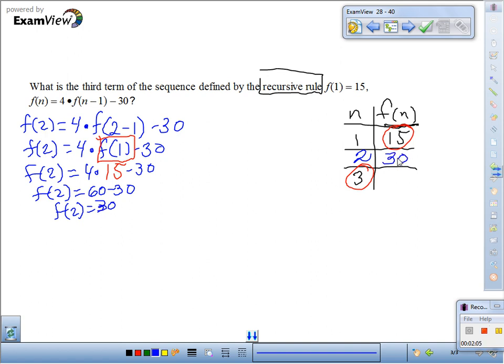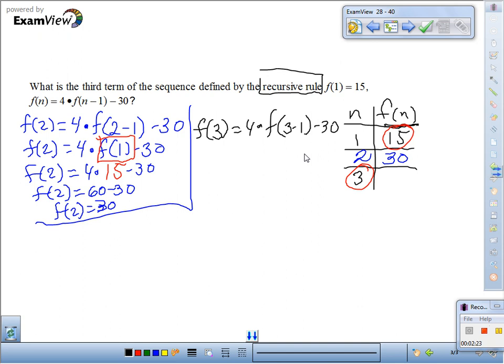That goes right there. Now that I have the second term, I want you to find the third term by yourself. I'll just start you off. F of 3 equals 4 times f of 3 minus 1 minus 30. Finish it off, please. All right, so here goes the work for f of 3. We got f of 3 equals 4 times f of 2 minus 30.